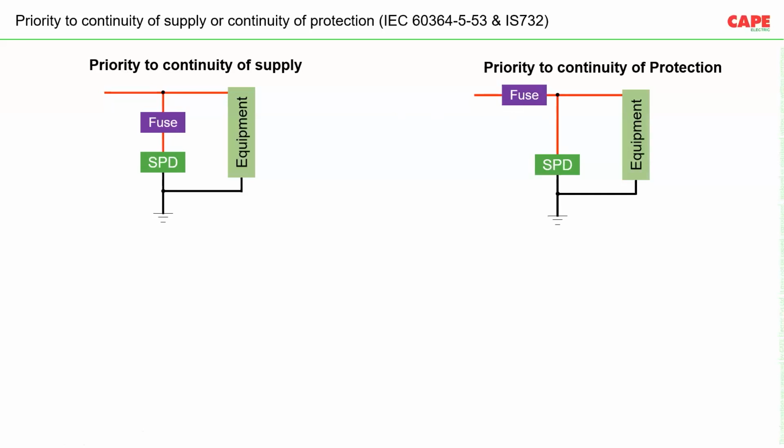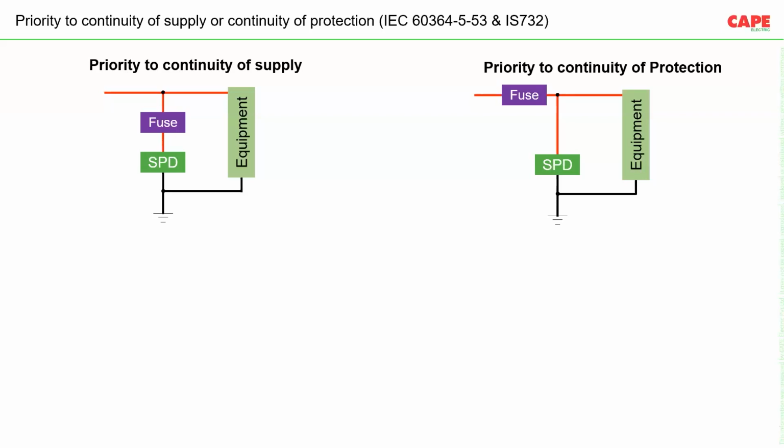That means in any case, your equipment is going to be protected. If you want supply to continue, you have to replace the SPD. So for critical equipment like PLC, UPS, and even the fire alarm panel, where you don't want your equipment to be unprotected, we can use the backup fuse in this way, so that our protection will be continuous.